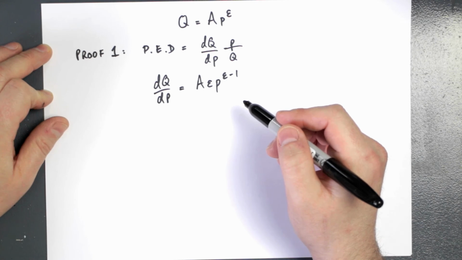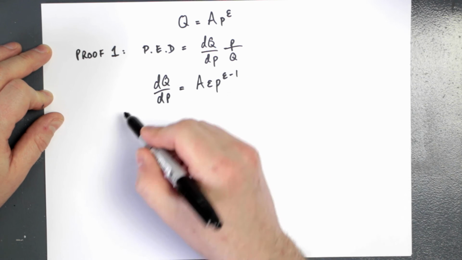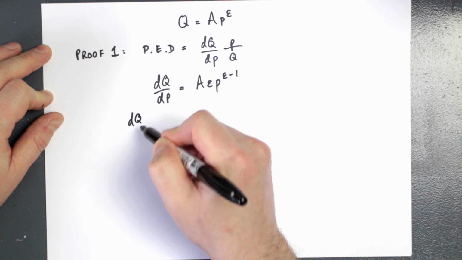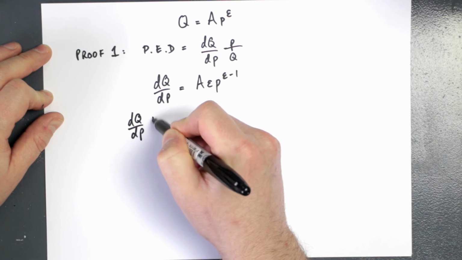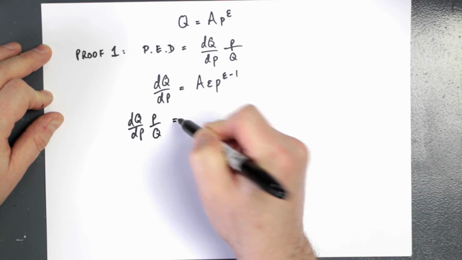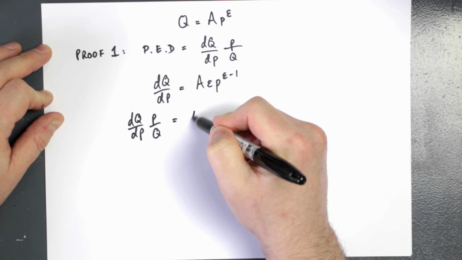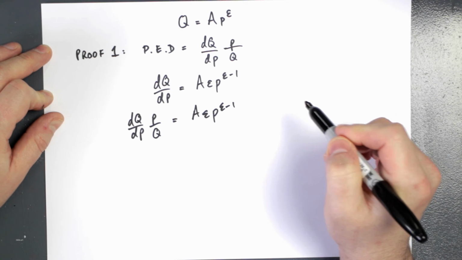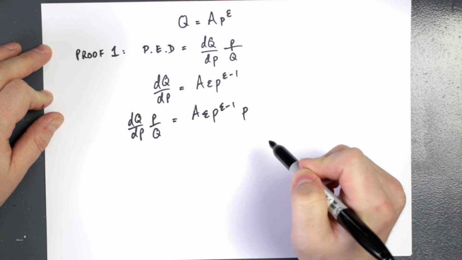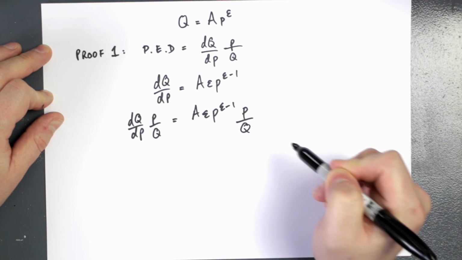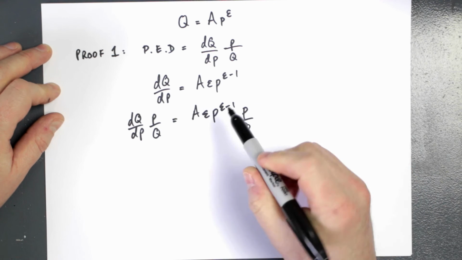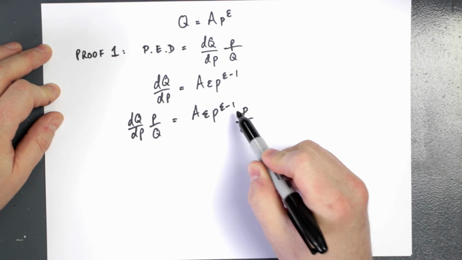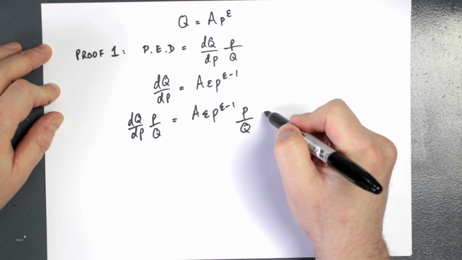Okay? So let's see what happens when we plug this into our elasticity formula. So dQ/dP multiplied by P over Q is equal to, so this term here, A epsilon P to the power epsilon minus 1, multiplied by P again and divided by Q. Okay? Now here I've got P multiplied by itself epsilon minus 1 times and then multiplied by itself again.